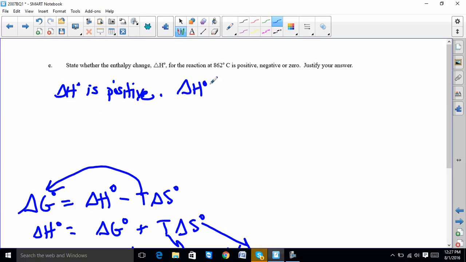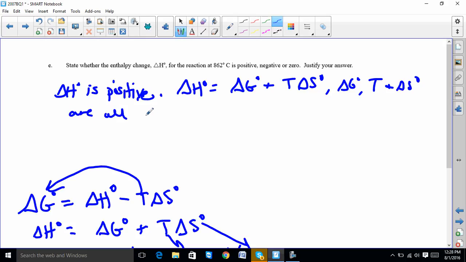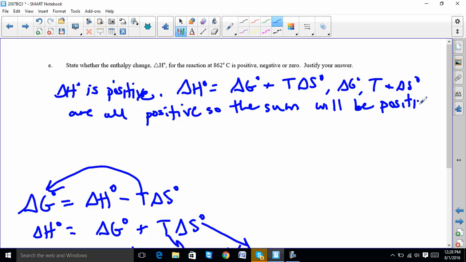Delta H is equal to delta G plus T delta S. Delta G, T, and delta S are all positive. So the sum will be positive. Now they can't give an answer because we don't know the value of delta S. We just know that it's positive because the system's becoming more disordered.